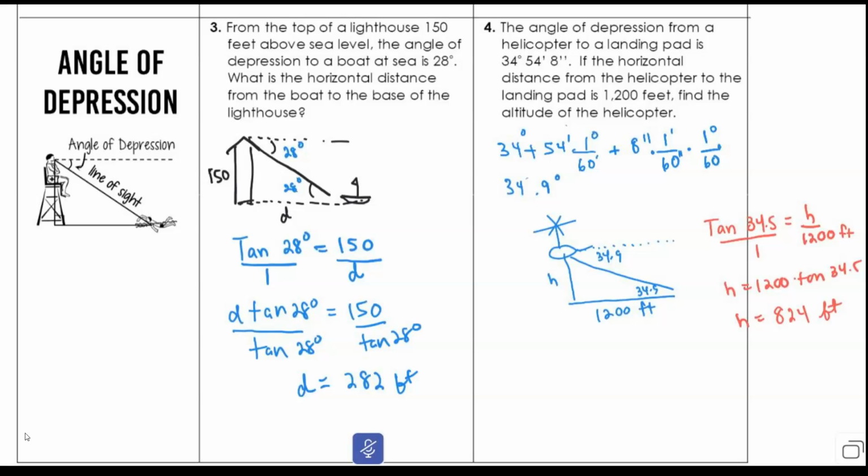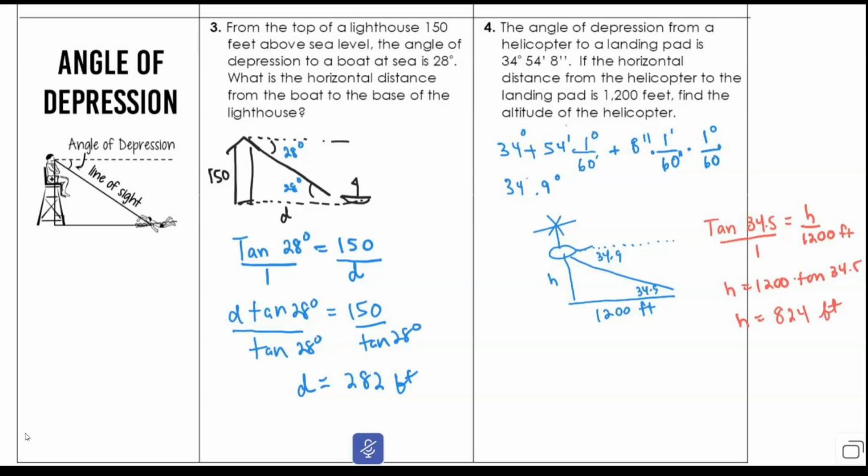So remember that these two angles are the same. So think about what we're looking for. We know the angle. The angle is 28 degrees. So what I'm going to do is fill in what information I have. So I do know that this is 28 degrees.